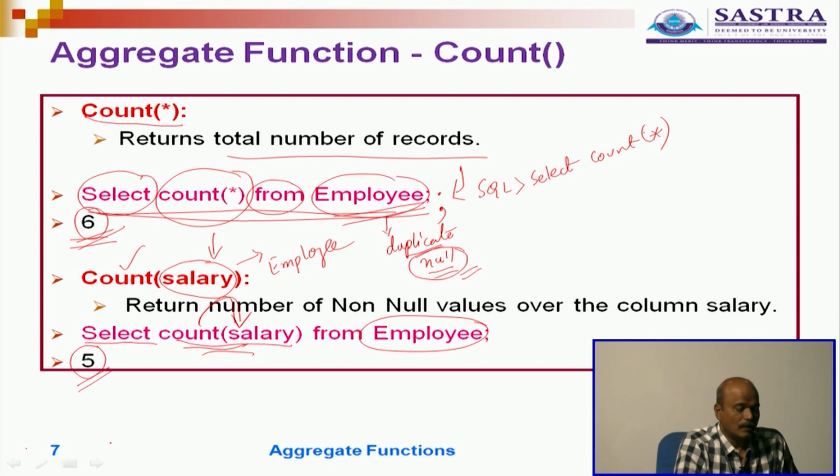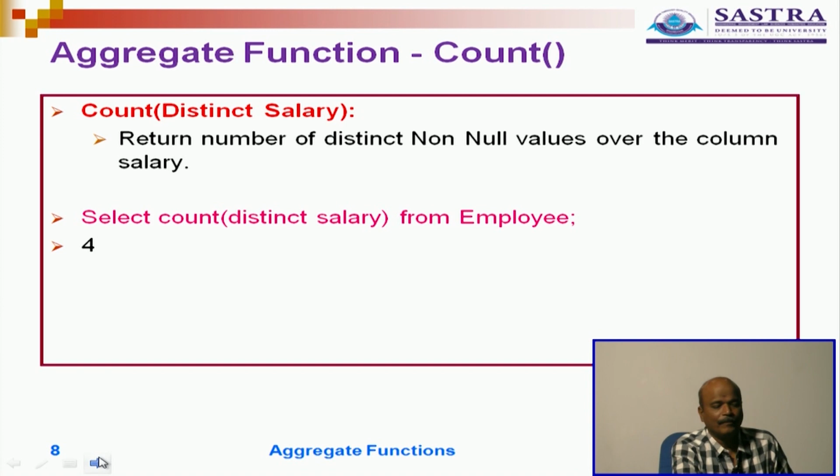Now you can use this count to count the distinct records that are available in that particular table. If you want to retrieve the records with the distinct values, you can use this version. You can prefix the column name with the keyword called distinct.